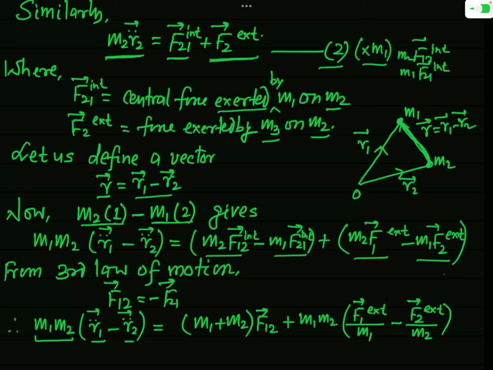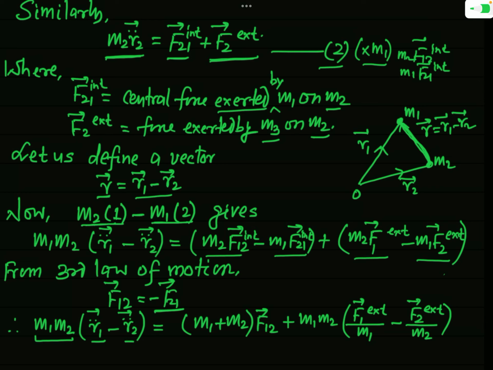But this is just an action-reaction pair. And you know from Newton's third law of motion that action and reaction are equal in magnitude but opposite in direction. So from the third law of motion you can say that F12 vector will be equal to minus F21. This minus sign indicates the direction.